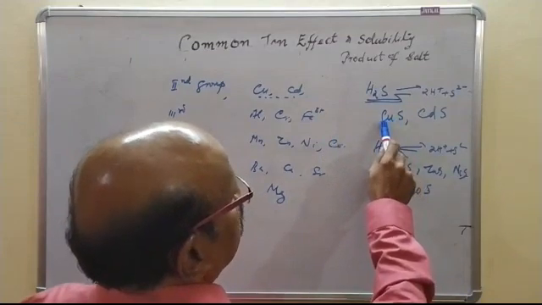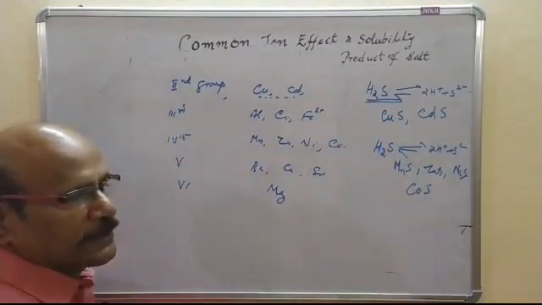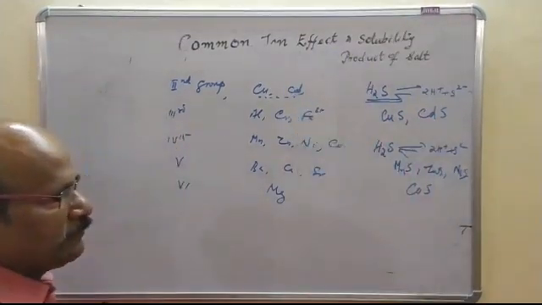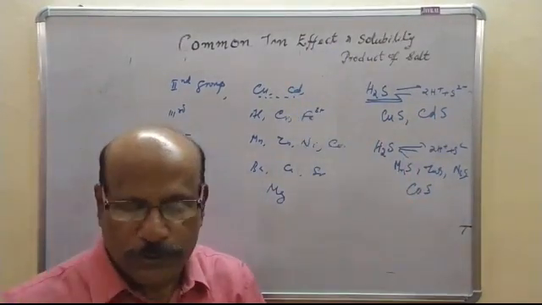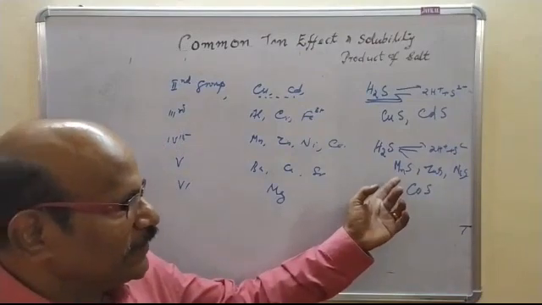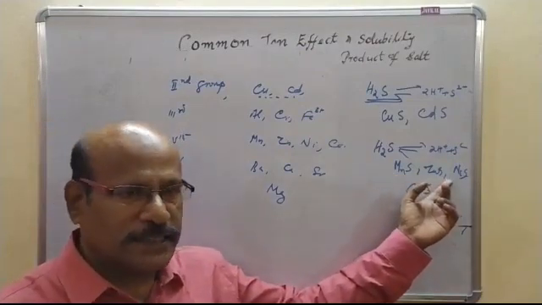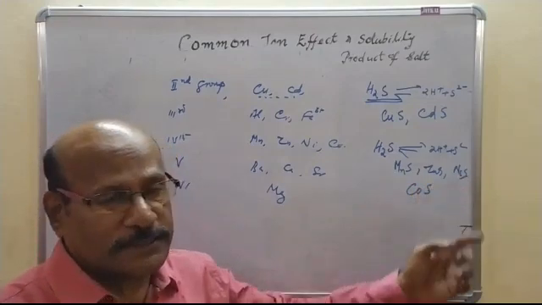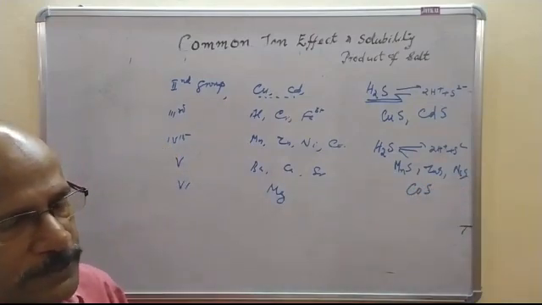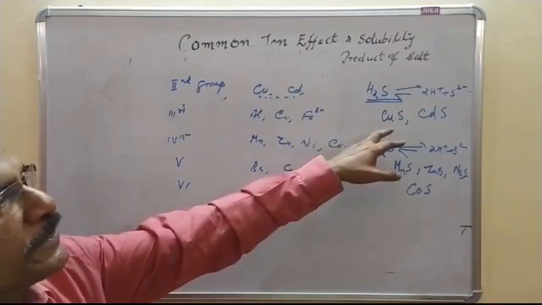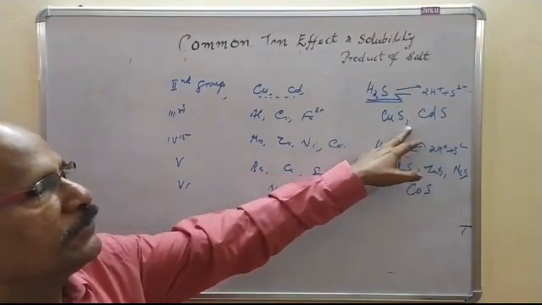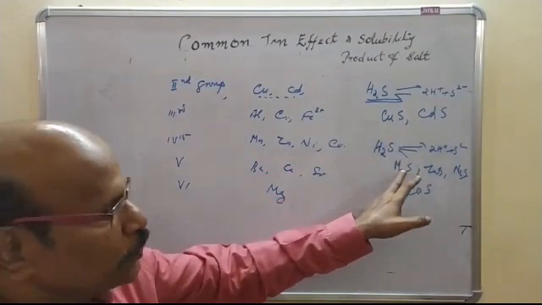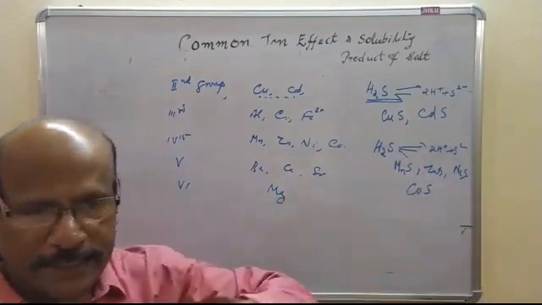The second group metal is precipitated as lead sulfide, copper as copper sulfide, cadmium as cadmium sulfide. Similarly, the fourth group metal is also wished to be precipitated as sulfide, manganese as manganese sulfide, zinc as zinc sulfide, cobalt as cobalt sulfide, nickel as nickel sulfide. Generally, the situation is that copper sulfide and cadmium sulfide have low solubility product, usually low Ksp, while the fourth group metal sulfides have high Ksp.